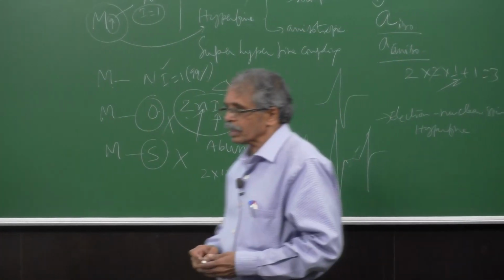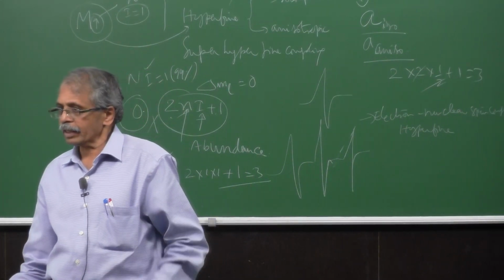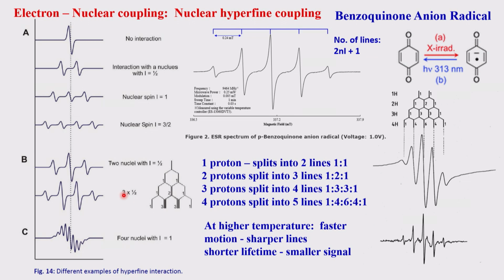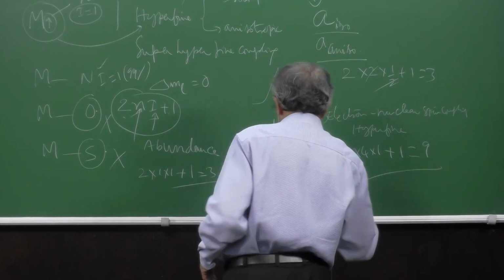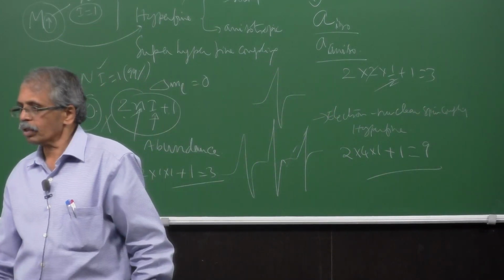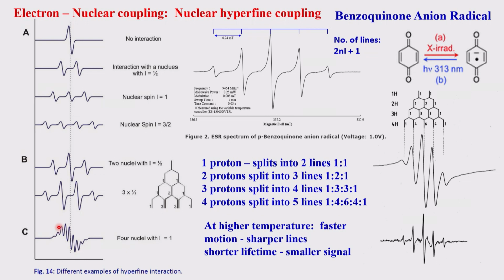You will get 3 lines in that, and if you have 3 such neighboring nuclei, then it will be 4 lines. With 4 nuclei with I equal to 1, 2 into 4 into 1 will be 8, plus 1, 9 lines. You can see all the 9 lines, 1, 2, 3, 4, 5, 6, 7, 8, 9.